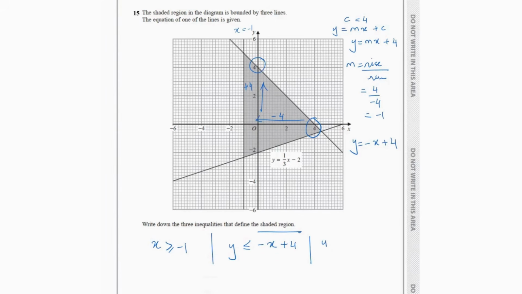So over here, the values of y are increasing. So y is greater than or equal to 1 over 3 x minus 2. These are your 3 inequalities. So just remember, if it's a dotted line, then you will not write the equal to sign. If it's a solid straight line, then it's equal to. And then the greater than, less than depends on the shaded part.